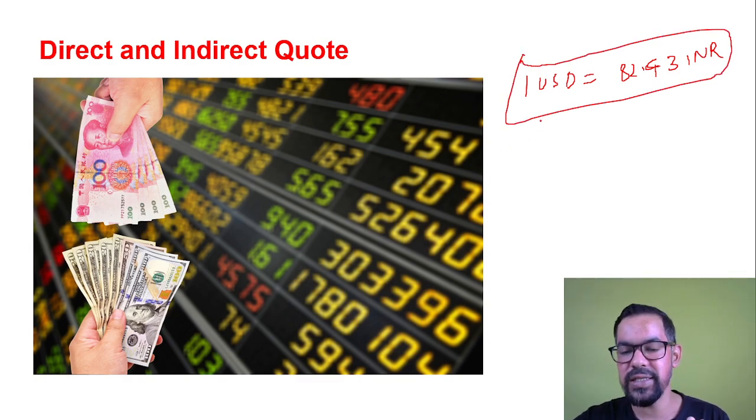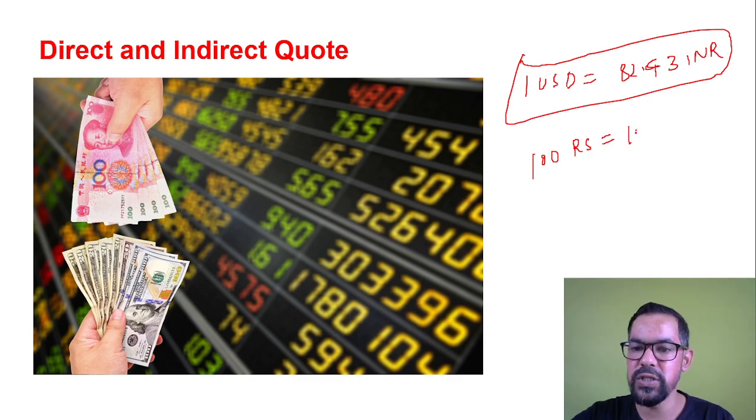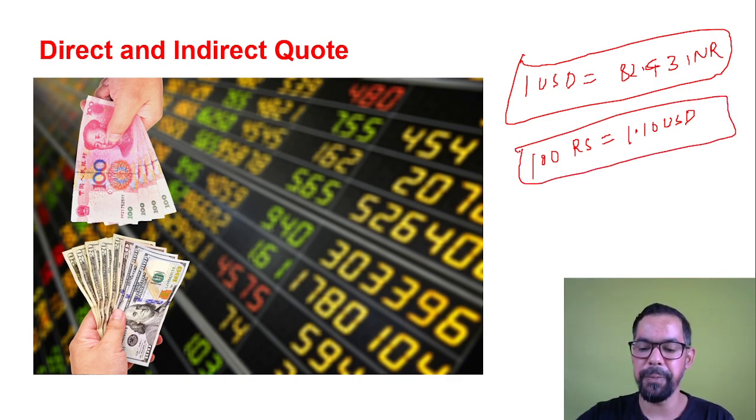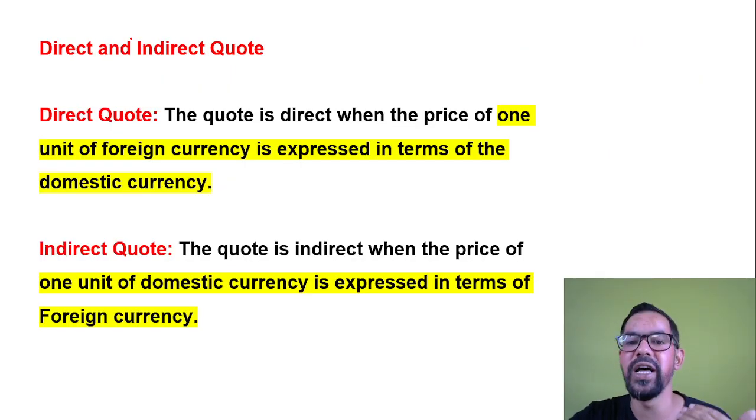So indirect is when, let's say, for 100 rupees, or 100 INR, you will get, suppose, 1.10 USD. So this is generally known as your indirect quotation. Most probably, when you trade in the market, you'll find we generally use direct quotation.